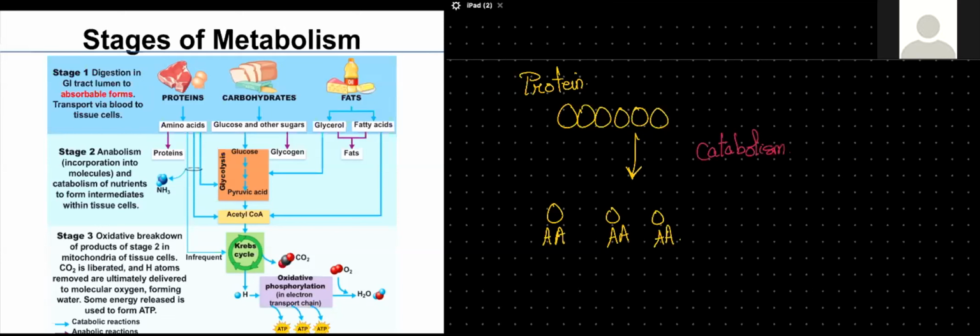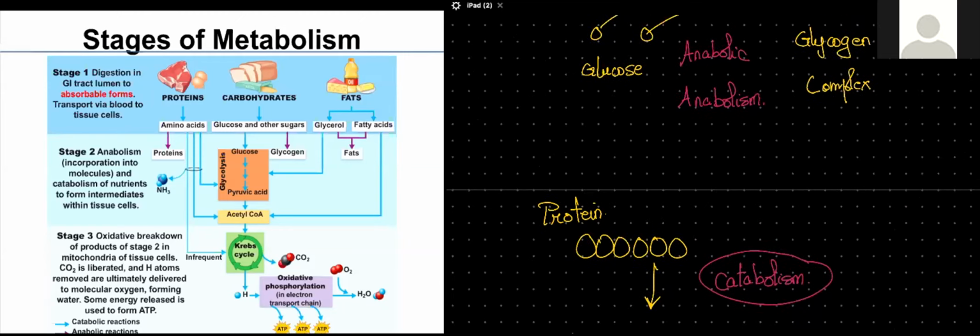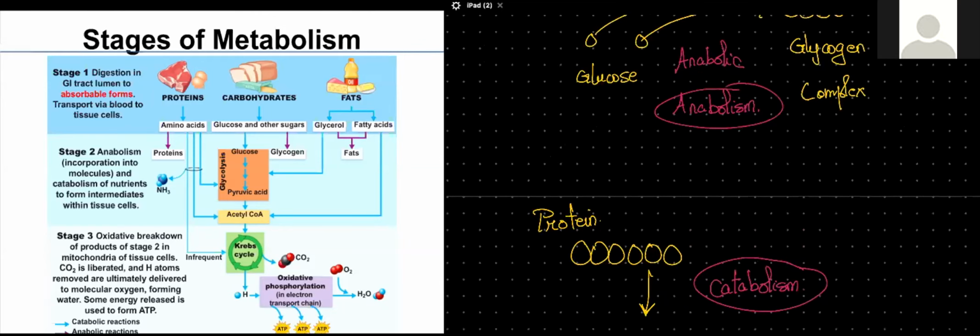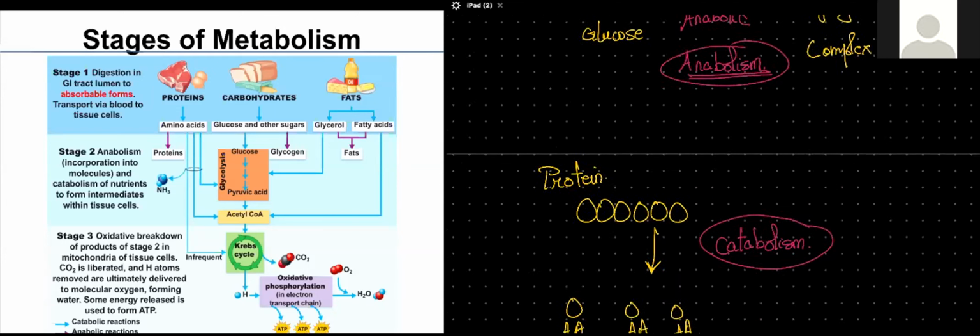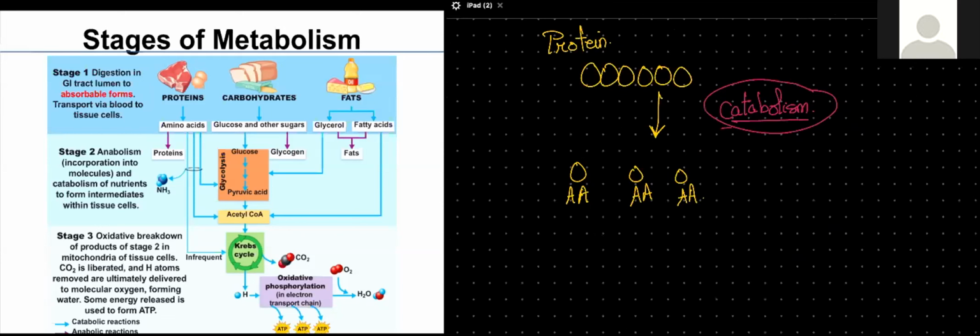So again, all the metabolic activities are going to fall under either catabolism or anabolism. If I'm building up, it's an anabolic reaction, and this is going to be part of the anabolism. If I am breaking down, it's a catabolic reaction, and it's going to be part of the catabolism.